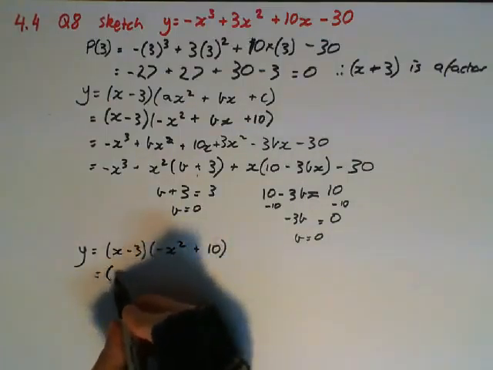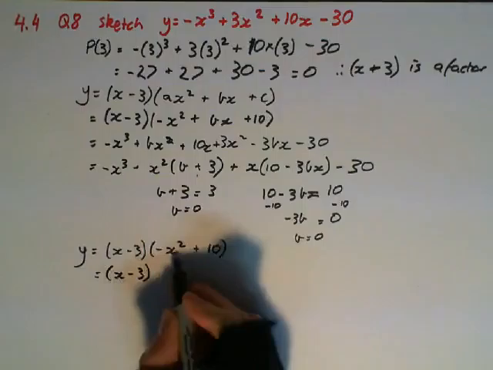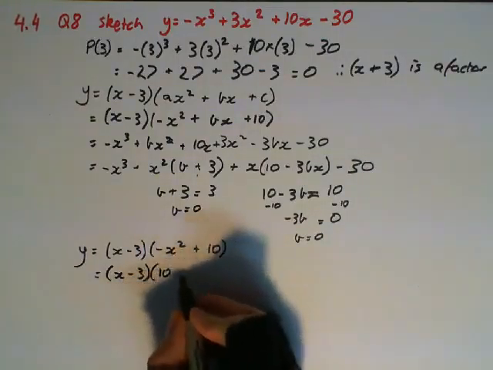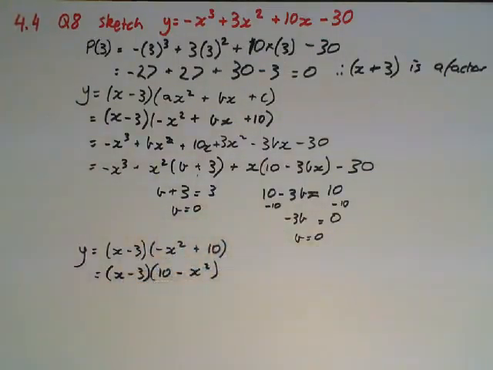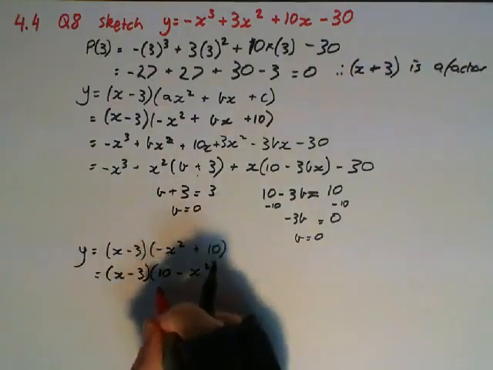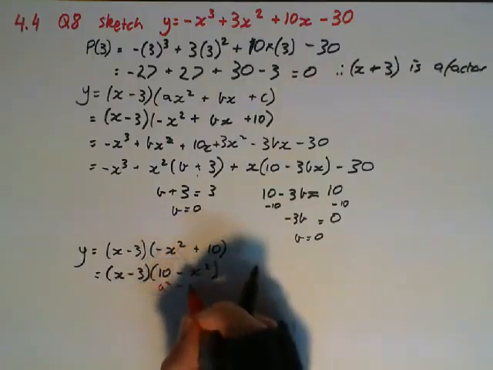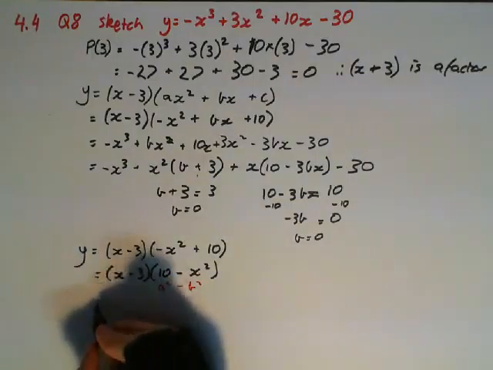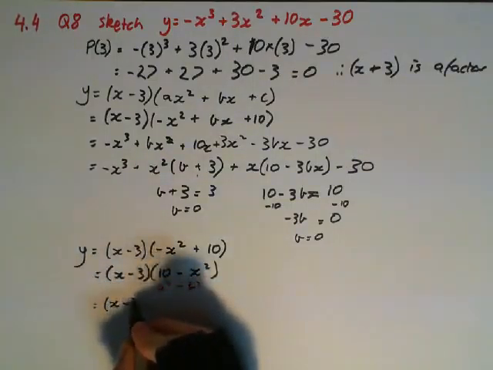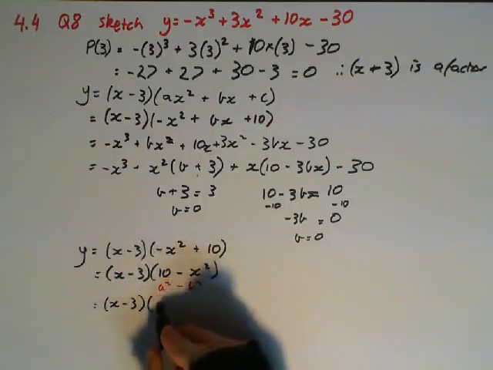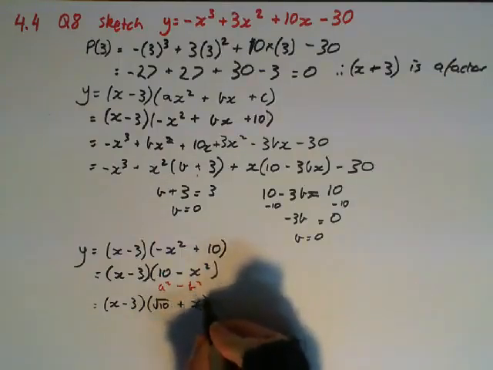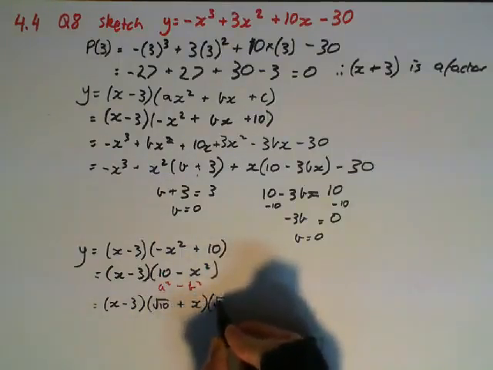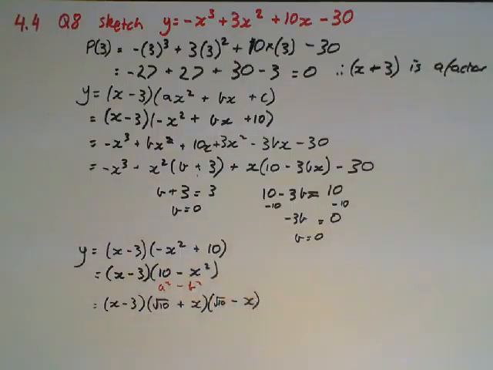Just rearranging this a little bit. Okay, I'm going to swap the x and the 10, so we'll have 10 take x squared. I'm doing that because I can say now we've got something squared take something squared, a squared minus b squared. So I'll be able to factorise that further as x take 3, now to be a, which is the square root of 10 plus x, the square root of 10 take x as our two terms.